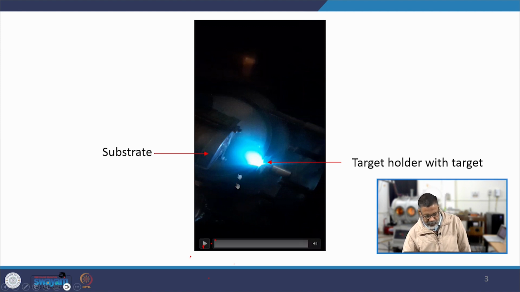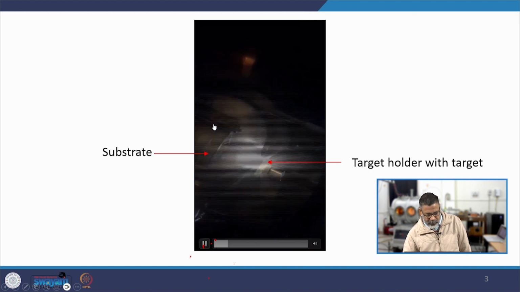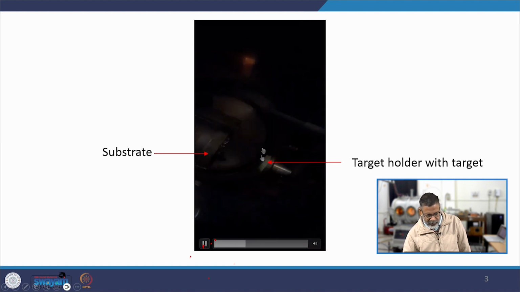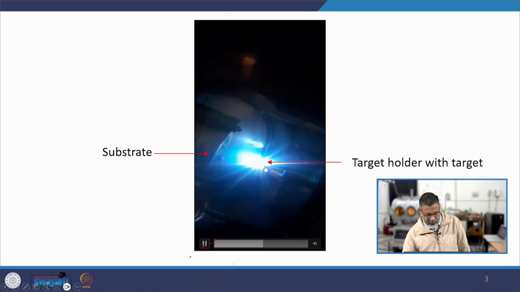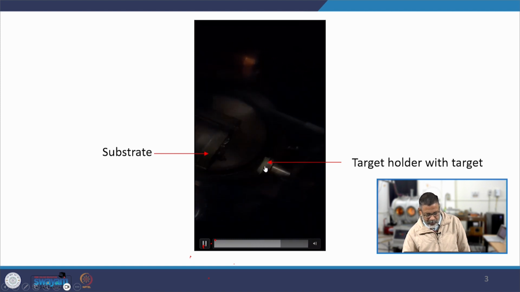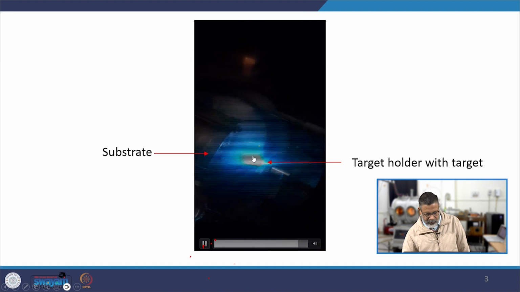And you can see that a blue color plasma is generated. So, you can see the video. Laser light is coming from this side and falling on the target, and then the plasma is generated.